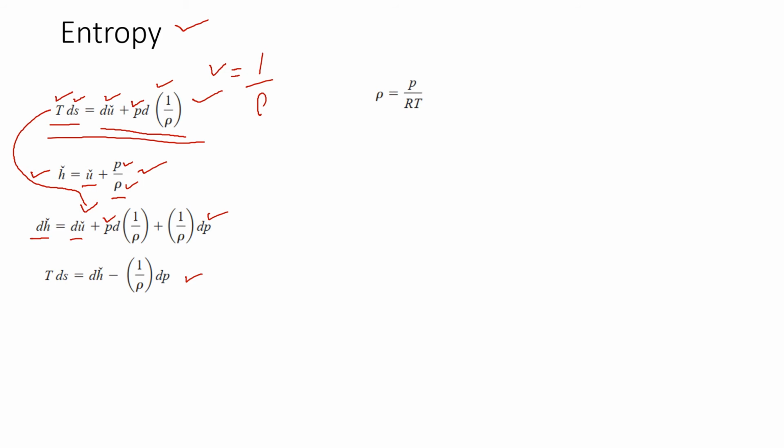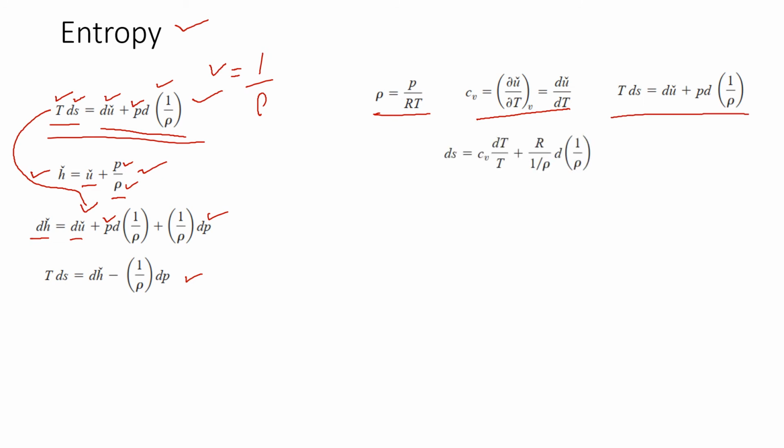Using the ideal state equation, the equation for the specific heat at constant volume, and again this equation right here, we will derive an equation for our change in entropy, and after integrating it we can write it as a state function in the form of S2 minus S1, the change in entropy at constant volume.